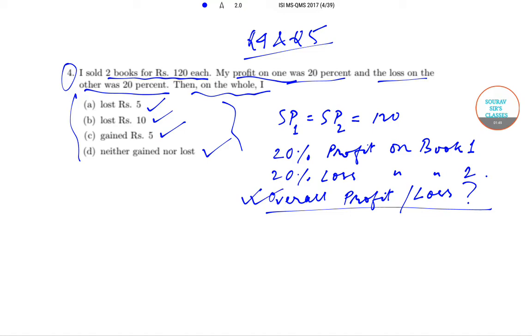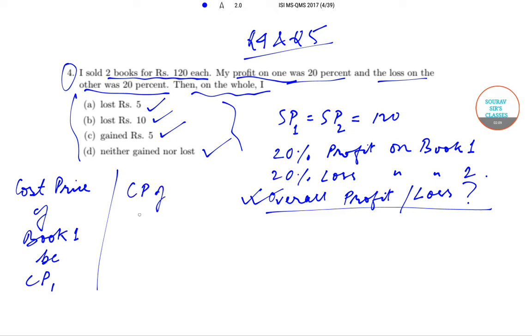This is my target. So let the cost price of book 1 be CP1 and the cost price of book 2 be CP2.